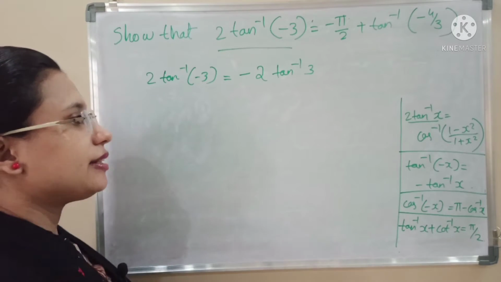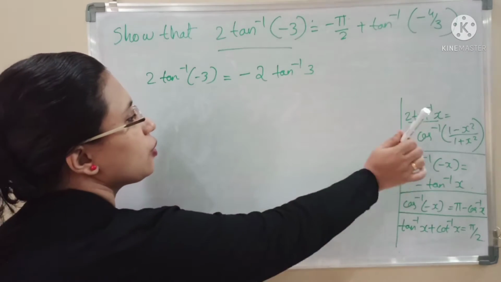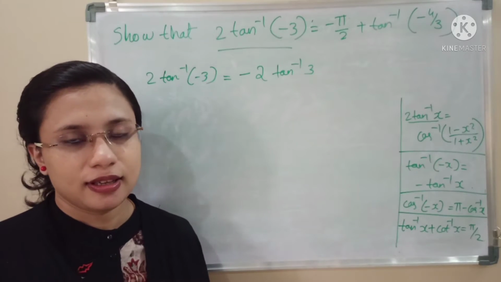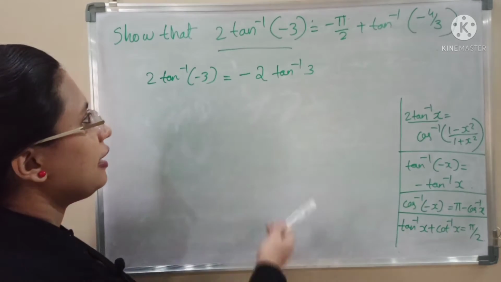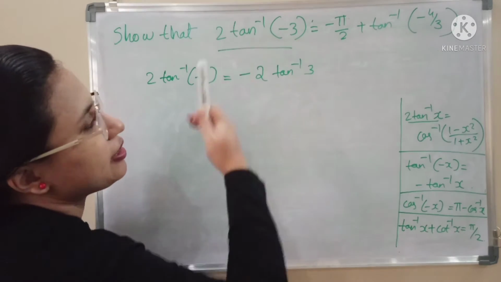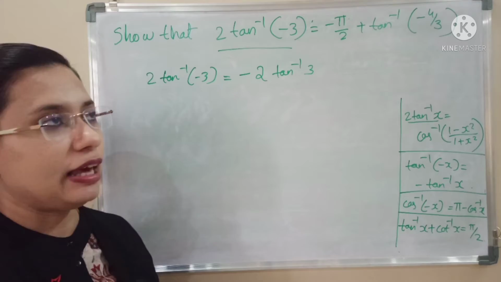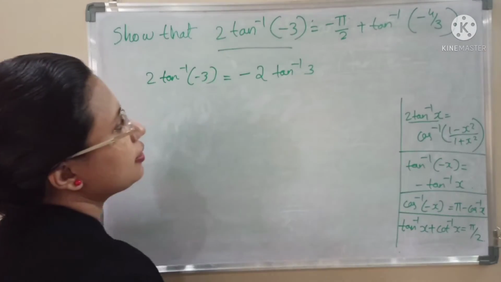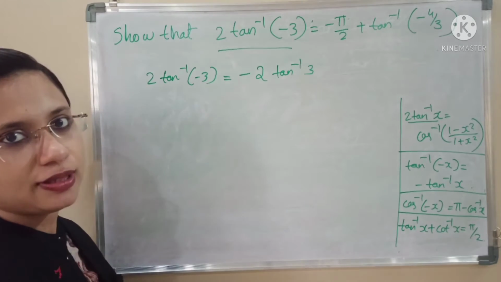Now we have 3 different expansions for 2 tan inverse x. Among that, we are considering the expansion in terms of cos inverse. Why? Because in the next steps we need the presence of pi. Then only we can get this part from the LHS.